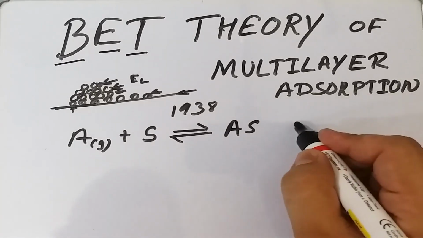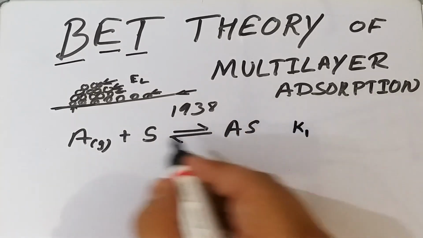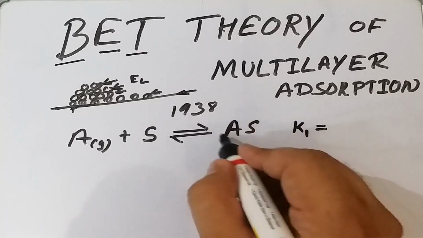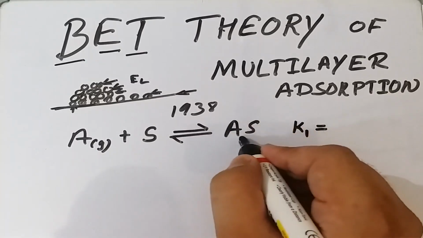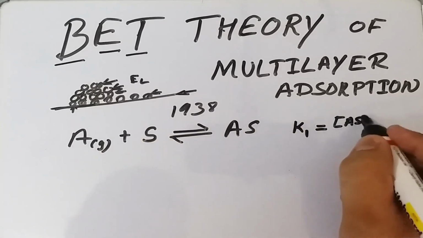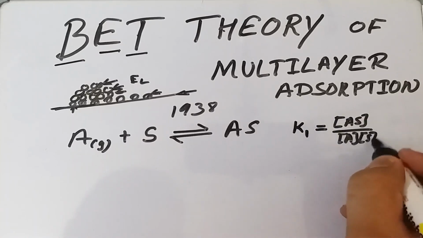The rate constant K1 for the first layer of adsorption we can write as the concentration of product divided by the concentration of reactant. So I can write AS over the concentration of A into the concentration of S.